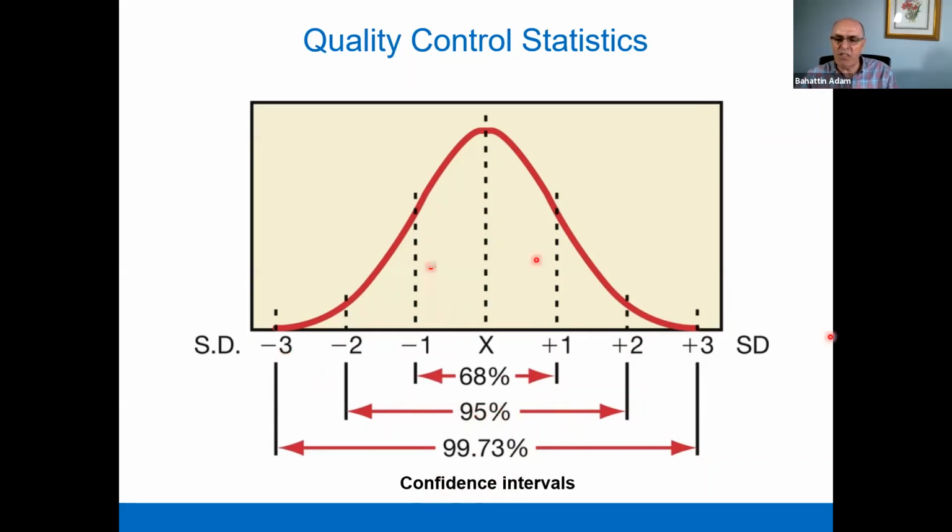If you accept 3 standard deviations, then 99.73% of your data will fall between this range. Only a few of them will be out of the range.